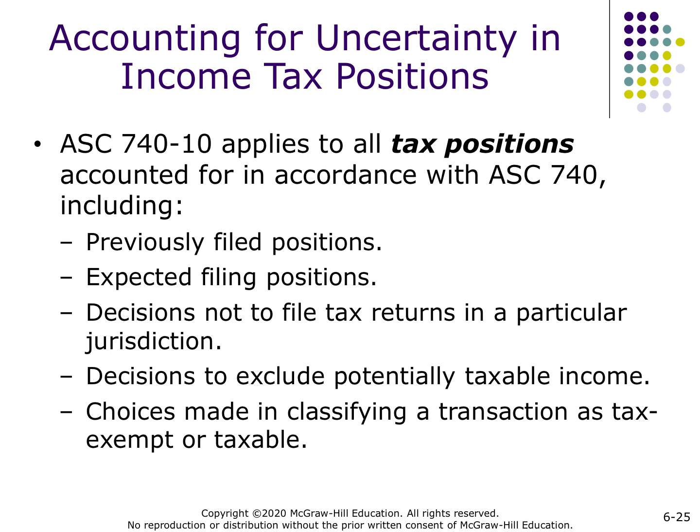So this is just talking about the kind of the reach of ASC 740, and it deals with all of these different, so anything previously filed, anything expected to be filed. So it's a pretty broad-reaching regulation.